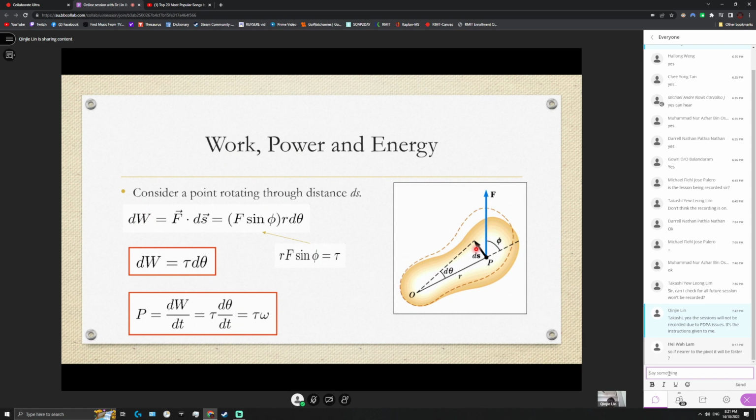It is our force times distance, or rather F dot S. And because it's a dot product, it will make sure only the component in the same direction will count, which is why you will get F sine theta, because you resolve this F to the one in the same direction as where the distance is going.